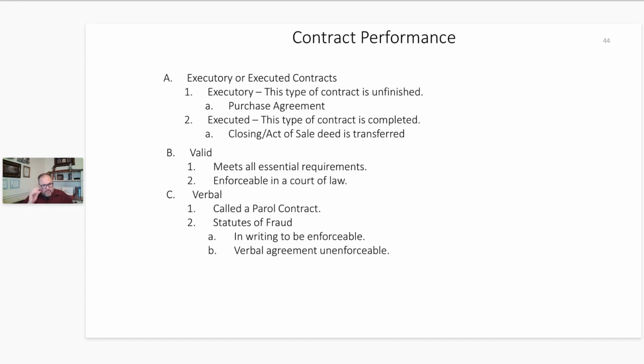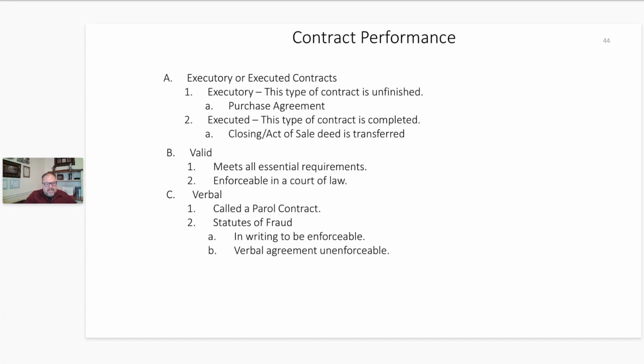A purchase agreement, although it's signed, offered, and accepted, is still not executed. It becomes executed not when it's signed, but at the closing table when the deed transfers. Remember, the deed is the byproduct of the contract. So the contract is executory, or unfinished, until the deed transfers at closing. Okay? Keep that in mind.